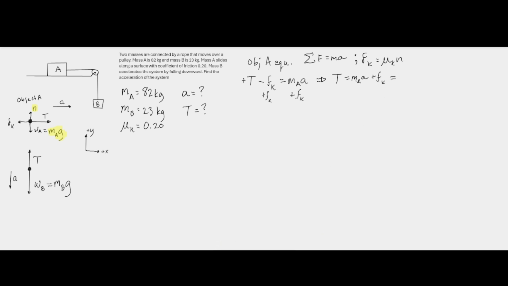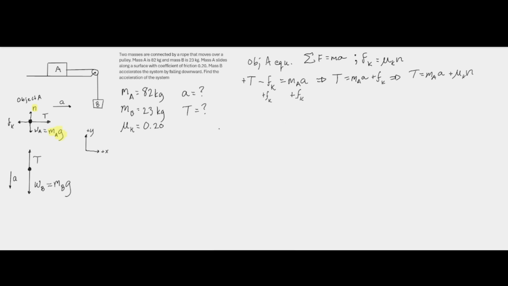So this equation then becomes: tension equals the mass of object A times the acceleration of the system plus the coefficient of kinetic friction times the normal force, and then substituting in the value for the normal force.